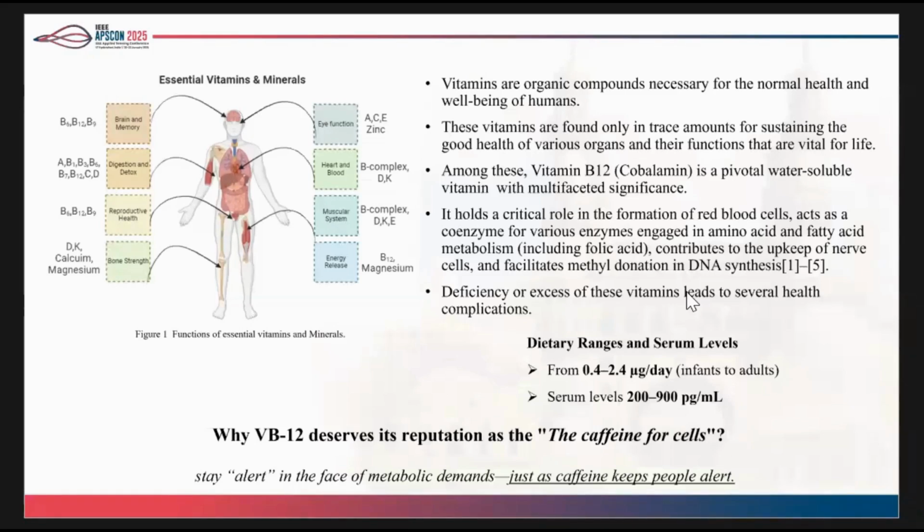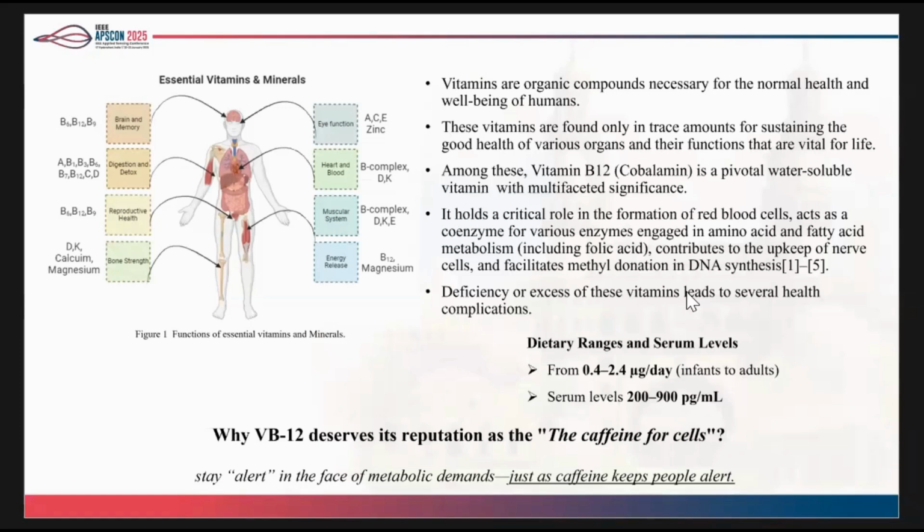In many cases, the deficiency, as well as the excess, of these vitamins can result in a lot of complications. The levels required by us in day-to-day life are almost around 0.4 to 2.4 microgram per day, ranging from infants to adults. And in serum, the level of vitamin B12 is around 200 to 900 picogram per ml. So it is very, very small.